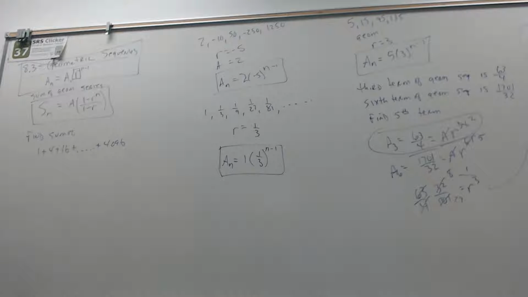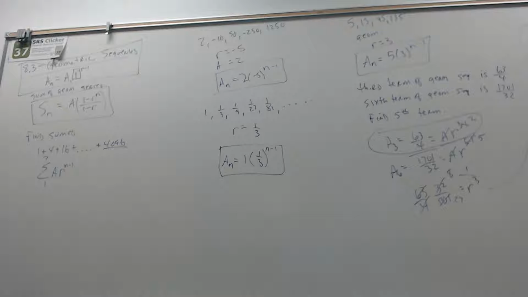One way to write that would be the sum of a times r to the n minus 1 from 1 to, now we have to figure out what this number 4096 is. Which term is that if this is a geometric sequence? So that we can figure out what this number is here.